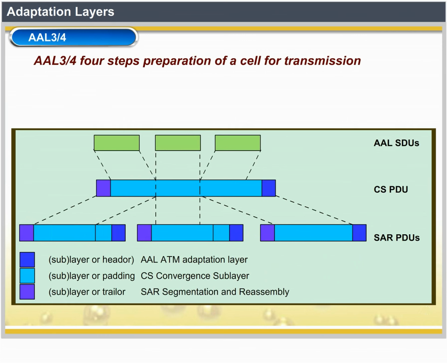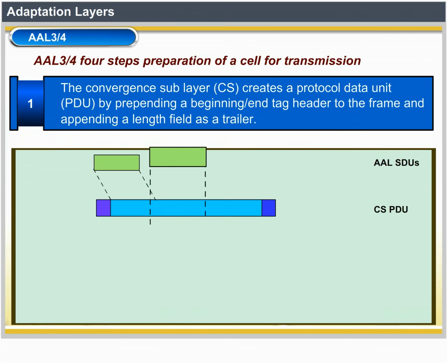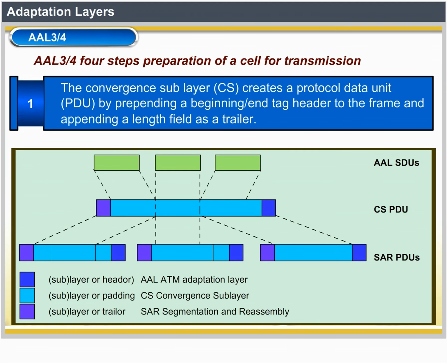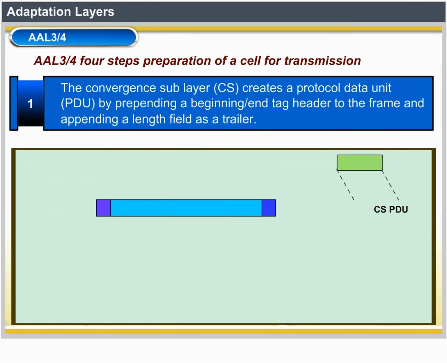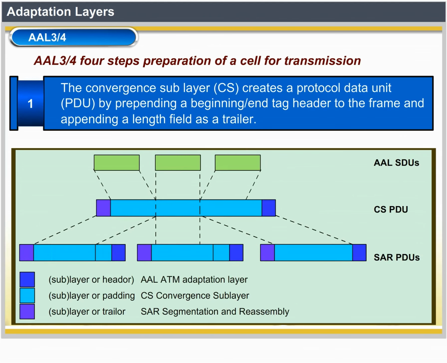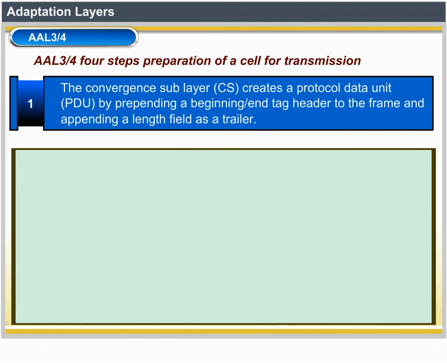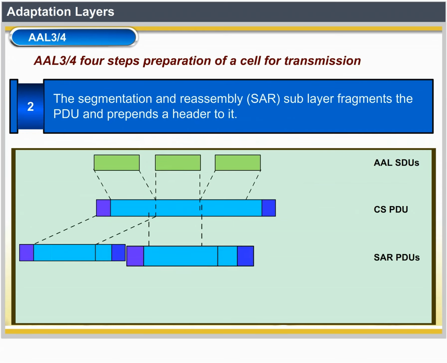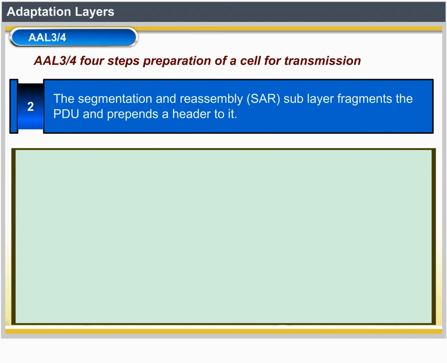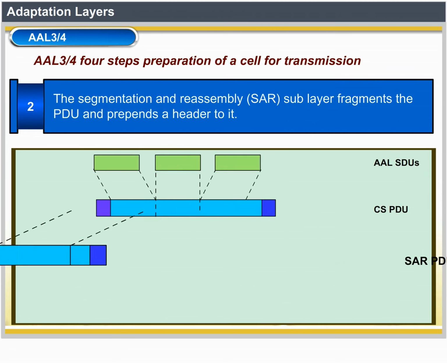The segmentation and reassembly SAR sublayer fragments the PDU and prepends to each PDU fragment a header consisting of the following fields. Type identifies whether the cell is the beginning of a message, continuation of a message, or end of a message.